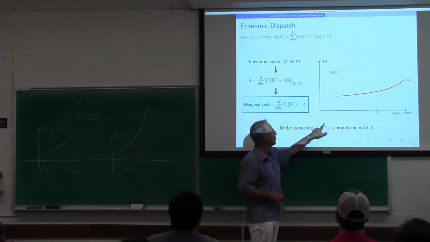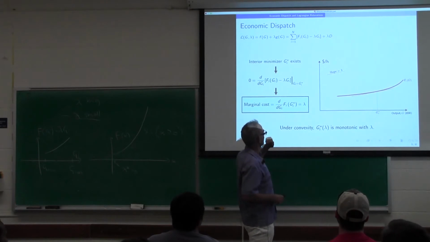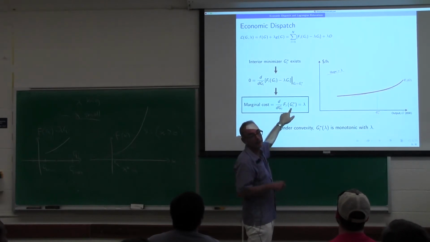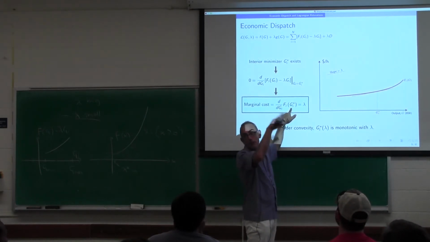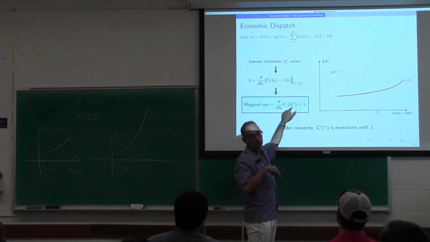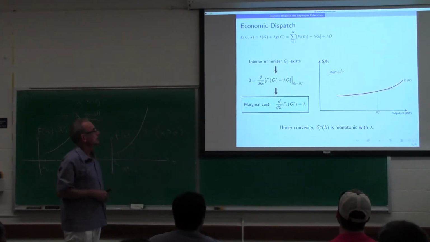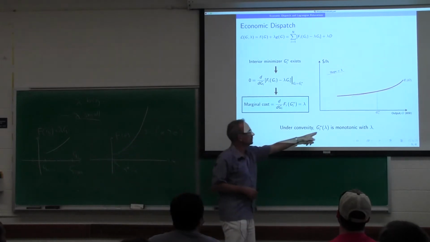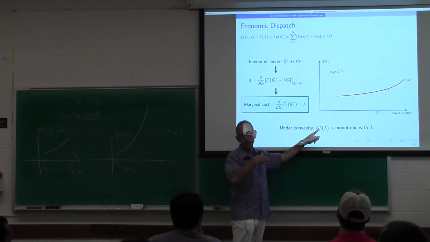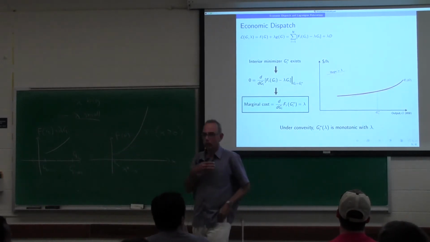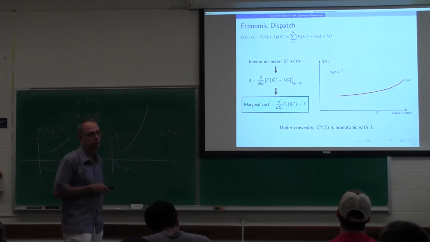Convexity means that the derivative of f is non-decreasing with lambda. So bigger lambda means a bigger derivative. G star is the optimizer. So as you increase lambda, the optimizer could stay the same or increase.